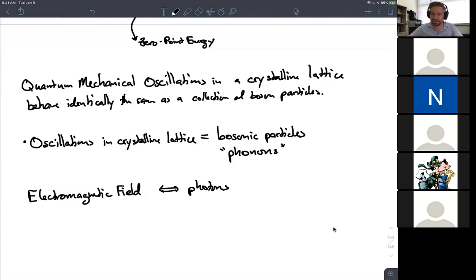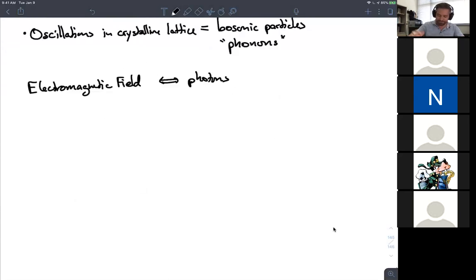Similarly, what's another one? Electrons, for example. Again, everywhere in space, there is an electron field. When you excite vibrations in the electron field, it looks like a particle. It looks like an electron.